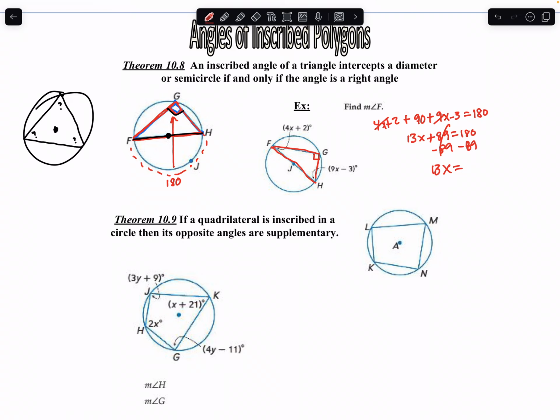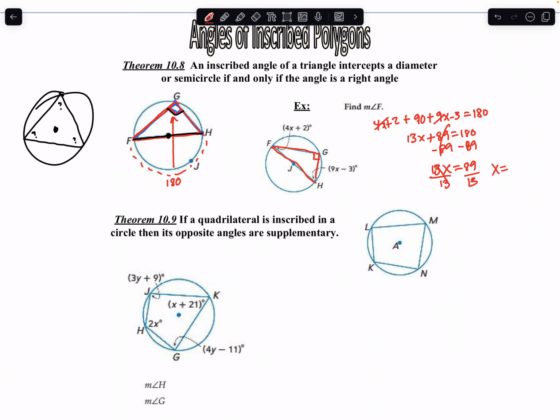It's 91. Is that 89? Let's see, 92 minus 3. Yeah. And then the 89 divided by the 13 on both sides.